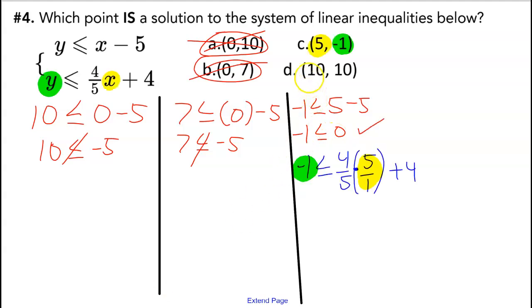So now I'm going to try the next one. I'm going to plug in 5 for x, and I have a fraction here, so I made the 5 a fraction so I can multiply. Plug in negative 1 for y. I multiply 4 times 5 and 5 times 1. 4 times 5 is 20, and 5 times 1 is 5. So I get negative 1 less than or equal to 20 over 5 plus 4.